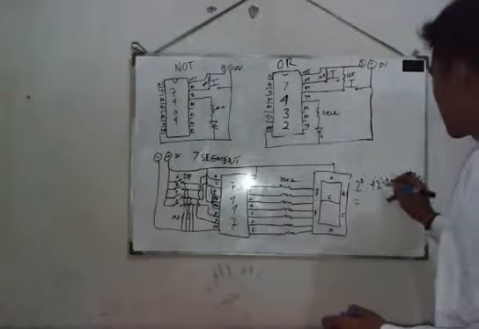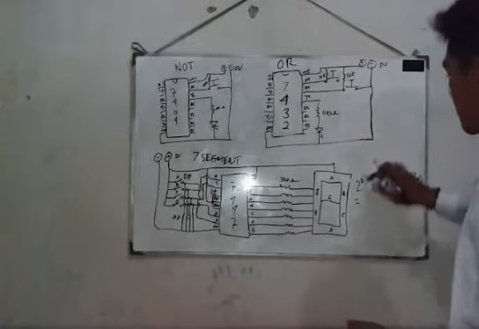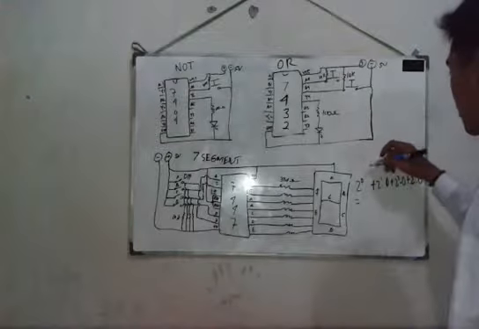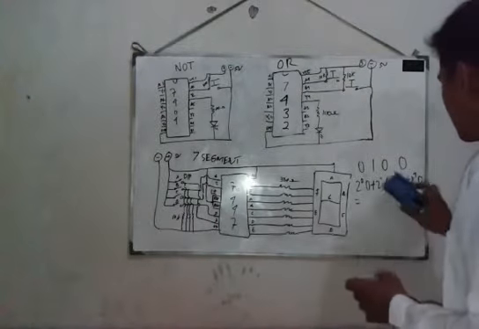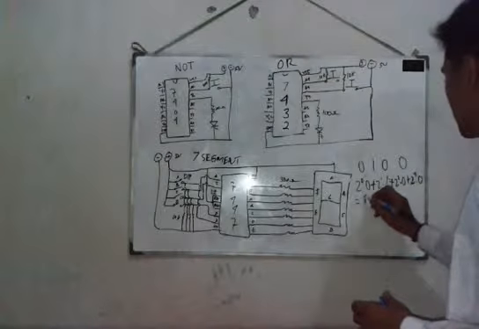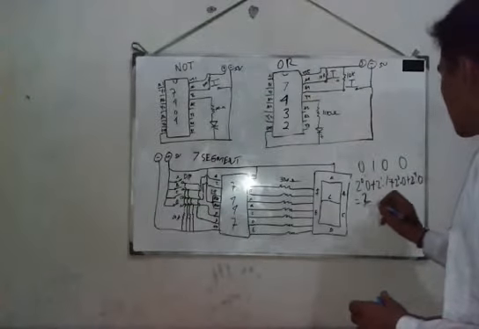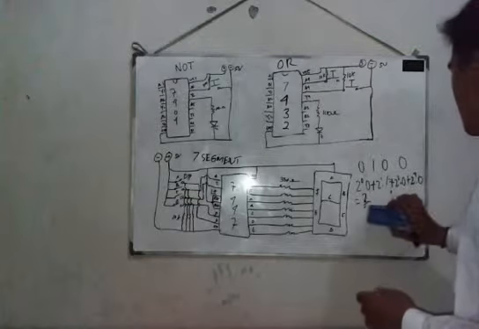If we want 2 on the 7-segment display, we can push the B button up, and then the binary number is like this. So 2 is displayed on the 7-segment.